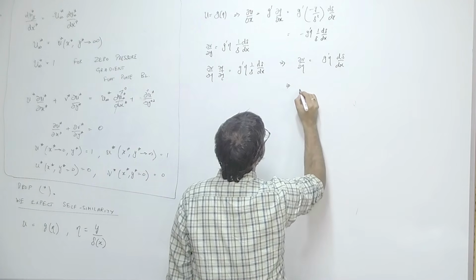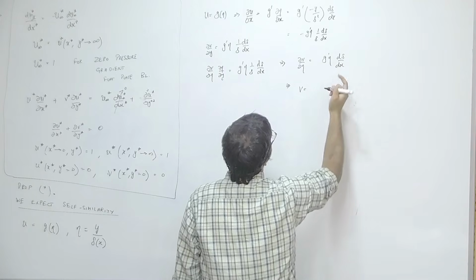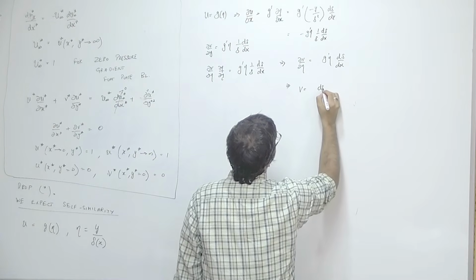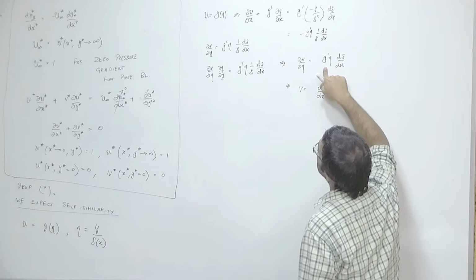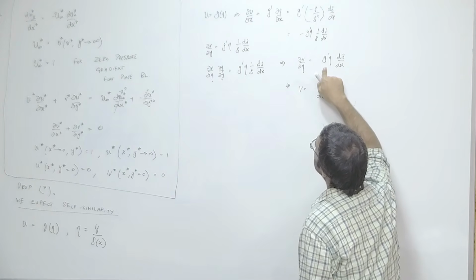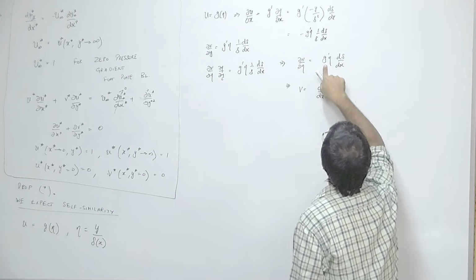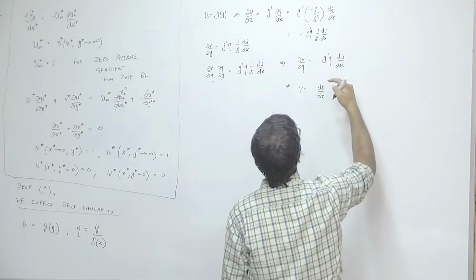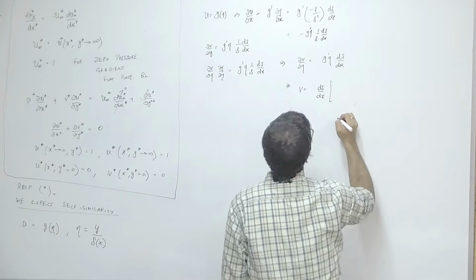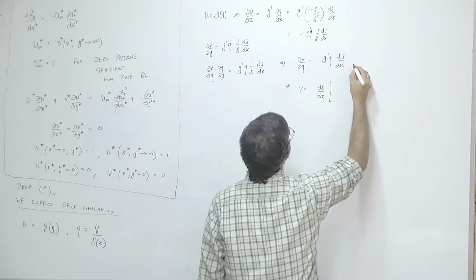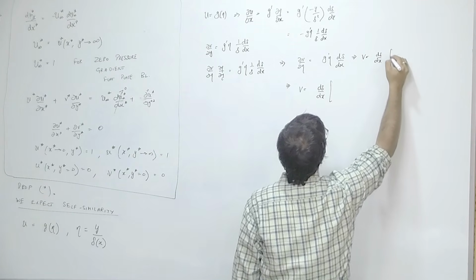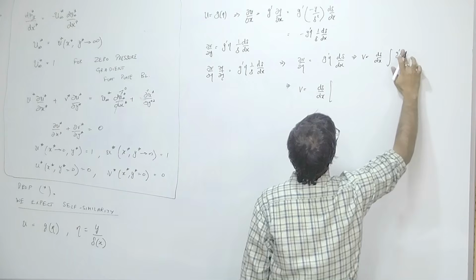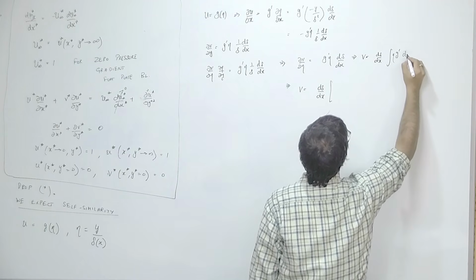From here I get that v is, taking out the d delta over dx outside, the integral of g prime eta d eta. So we apply the by parts formula. We have v is d delta over dx times the integral of g prime times eta d eta.